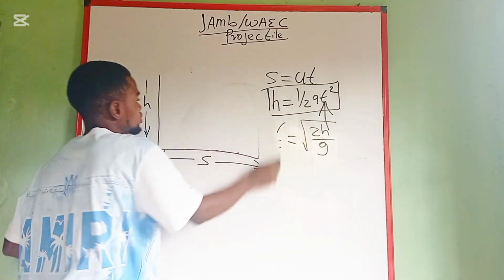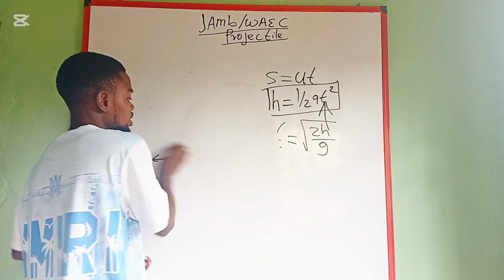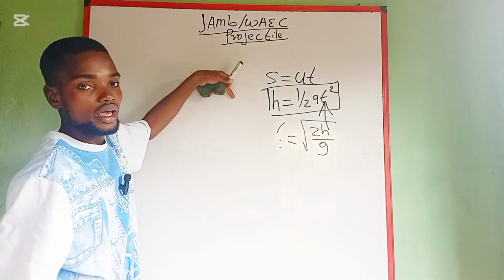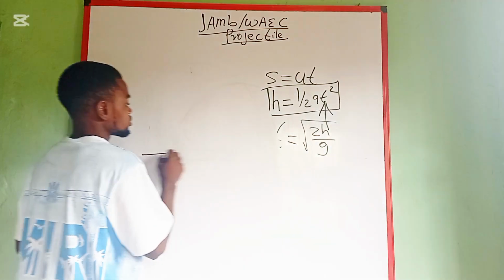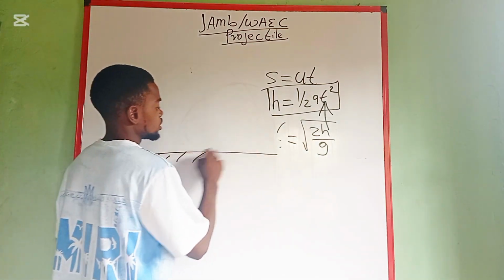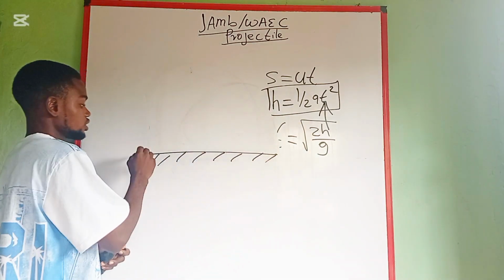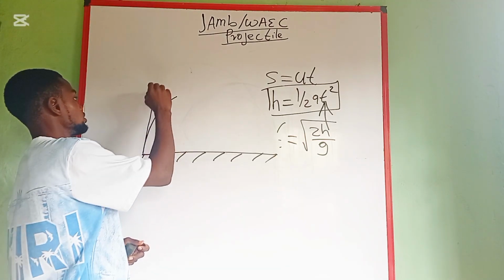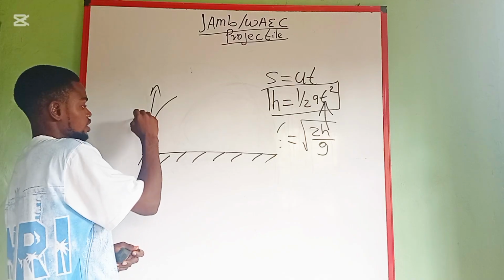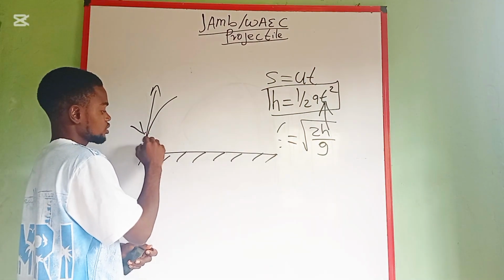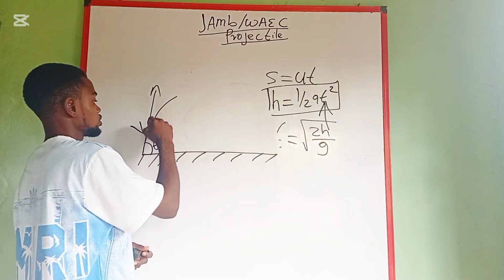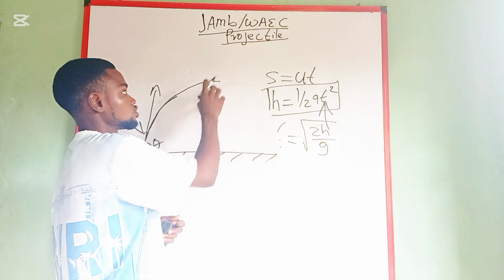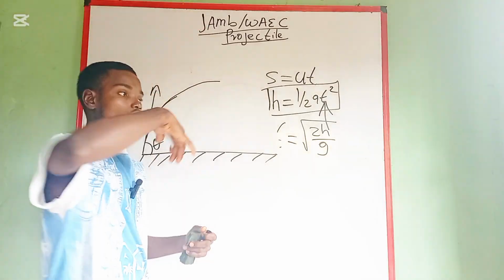Now, the next shape you have to consider is when a body moves, not thrown from a height, but thrown from a plane, this particular plane over here. If a body is thrown like this with a velocity v and an angle theta, as that body is moving, it's going to reach a point whereby the force pulling it is going to reduce due to the gravitational pull on that ball.